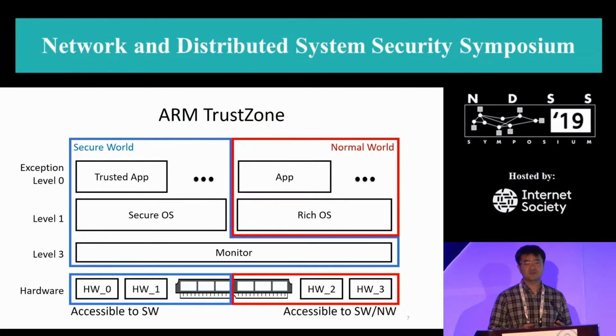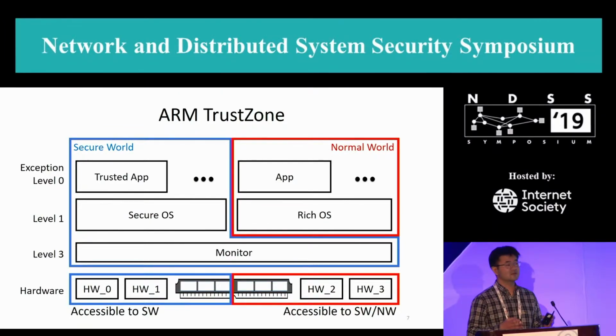ARM TrustZone is a hardware security extension that separates a system into two worlds, the normal world and the secure world. In the normal world, we install rich operating systems like Linux and Android, and we install many applications, including third-party applications. In the secure world, we install a thin, trusted operating system and a few trusted applications.